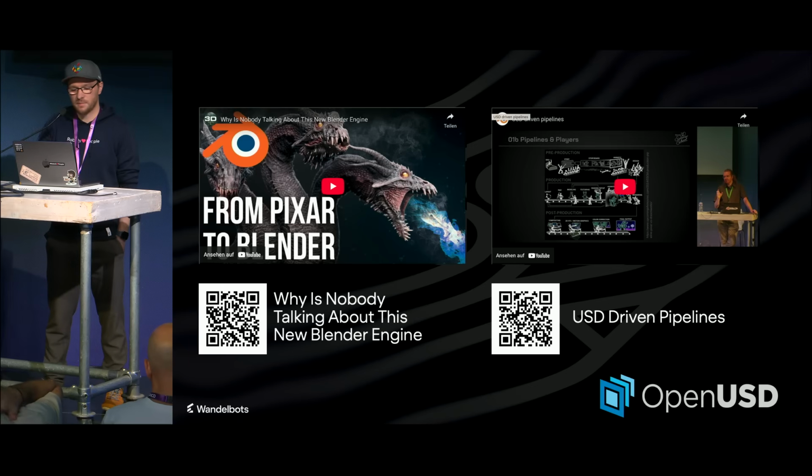Hydra is important as a reference renderer for OpenUSD, because if you build a USD scene in any tool that supports it, and there's a long list of tools which support OpenUSD, you need a reference renderer, and that's Hydra Storm. What you see is what you get, so to say.